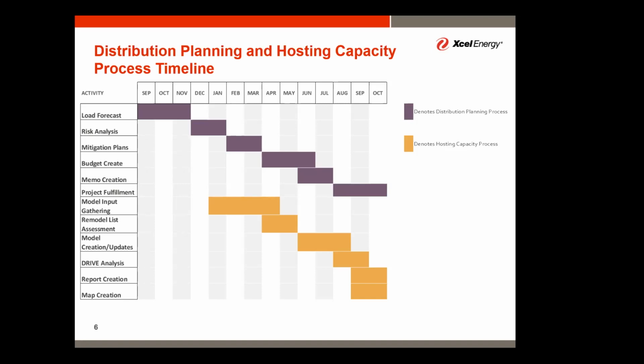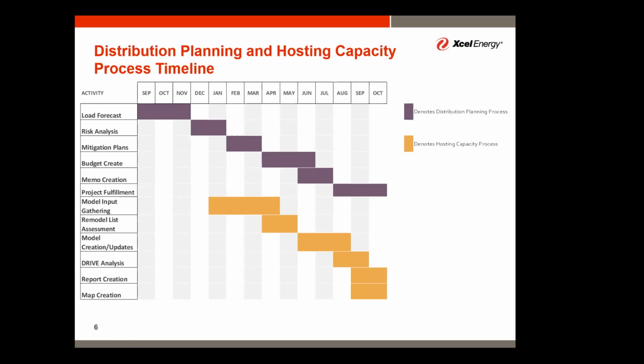At the same time, hosting capacity will begin with the gathering of input information from the previous year, as well as any forecasts. This again takes directly from the load forecasting process within distribution planning, and we'll use that information for the analysis.